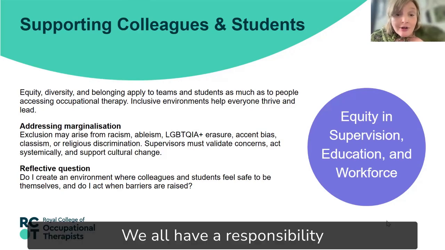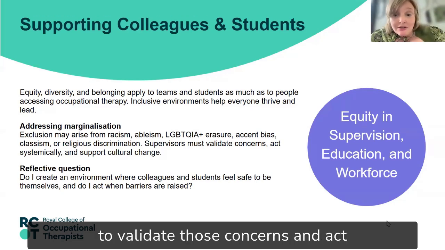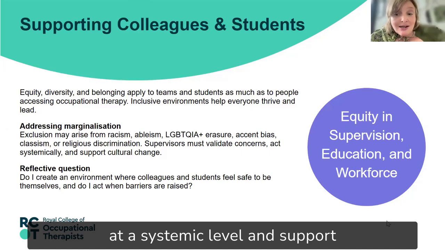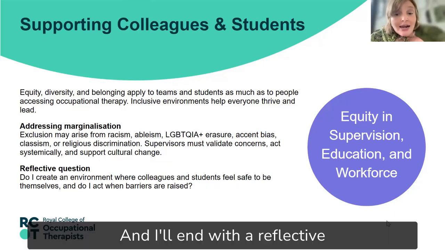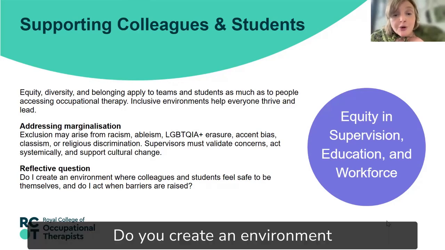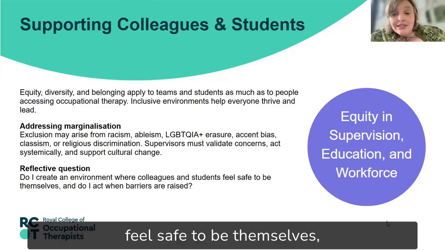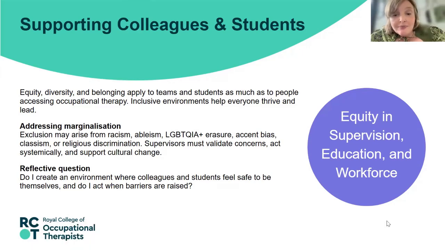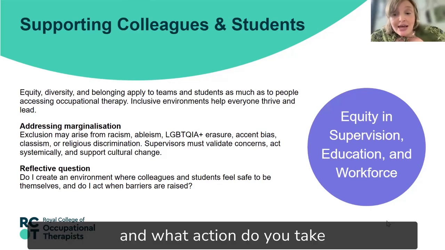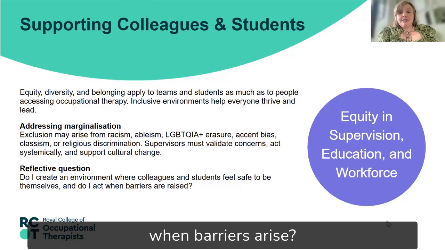We all have a responsibility to validate those concerns and act at a systemic level and support cultural change in the workplace. And I'll end with a reflective question for us all. Do you create an environment where colleagues and students feel safe to be themselves? And what action do you take when barriers arise?